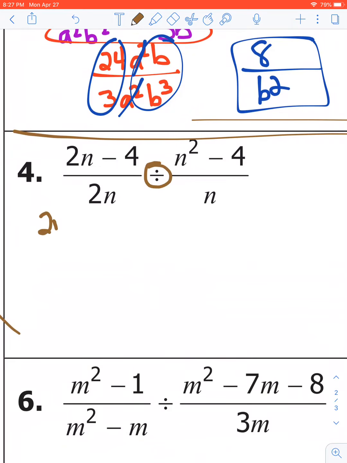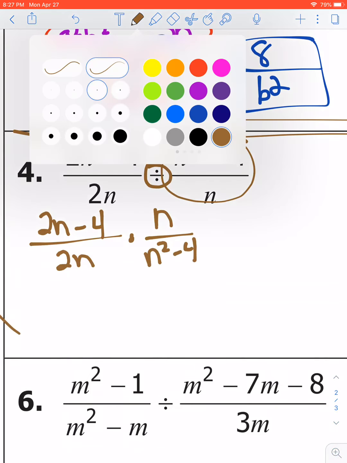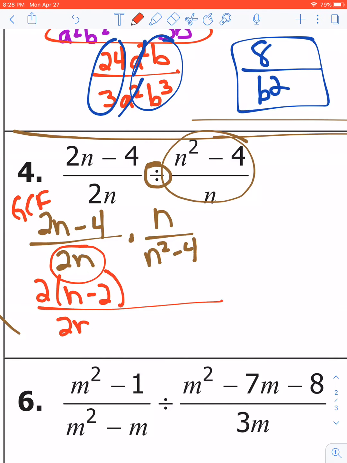So I'm going to look at this problem as 2n minus 4 over 2n times the flip or the reciprocal of the fraction that comes behind it. Now I factor and cancel. I factor out a GCF of 2. The 2n doesn't factor. The n doesn't factor. And n squared minus 4 is a difference of 2 squares.